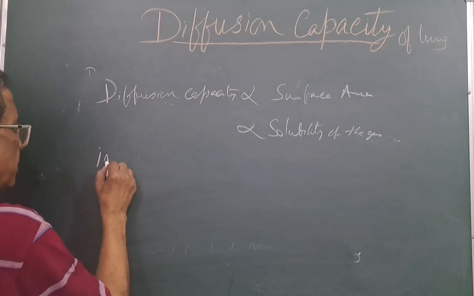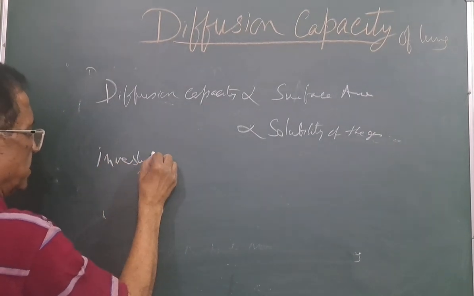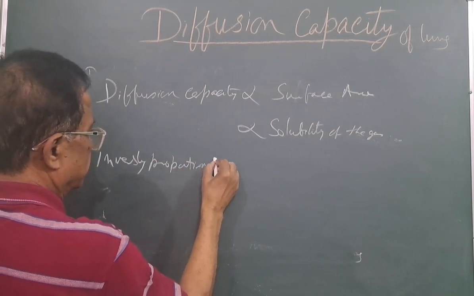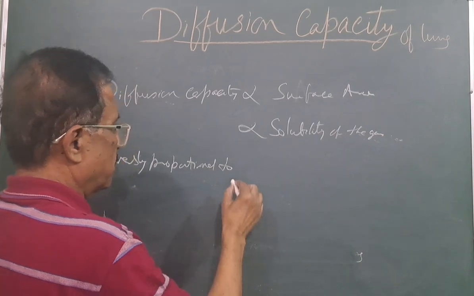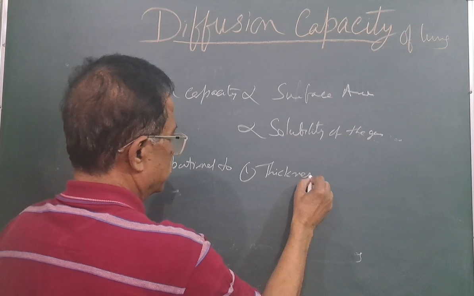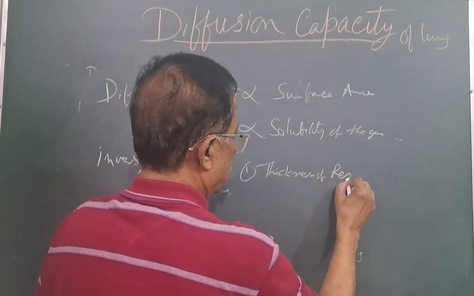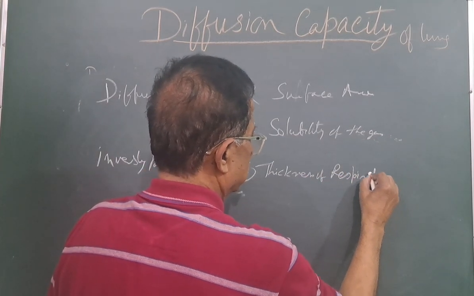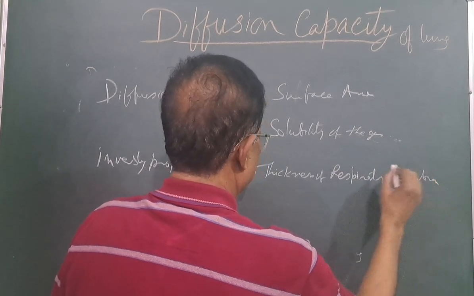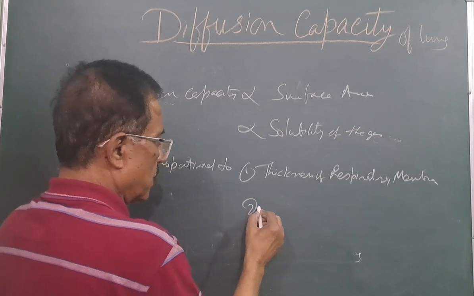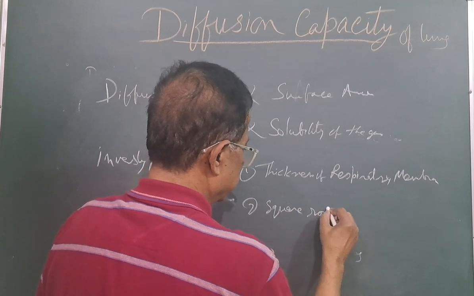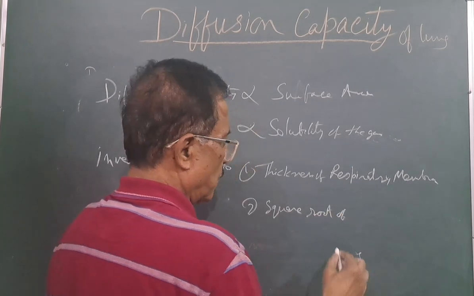And it is inversely proportional to number one, thickness of respiratory membrane, and two, the square root of molecular weight of the gas.